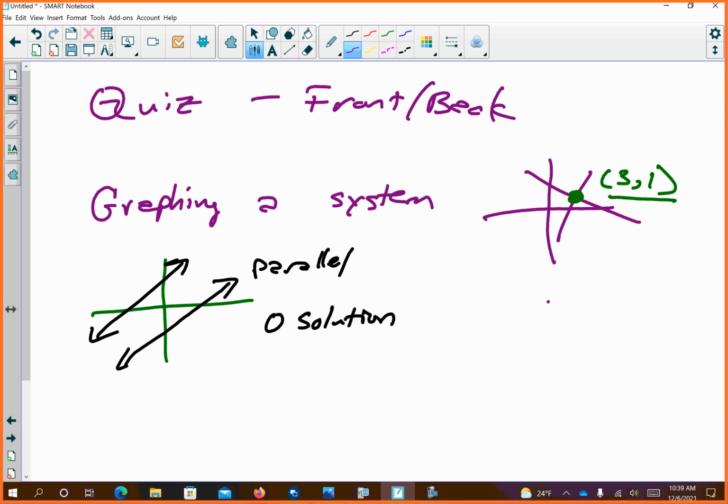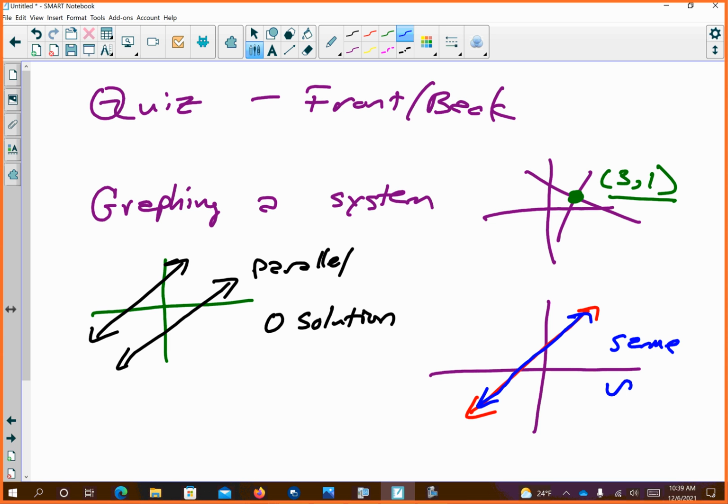If it was like that, though, this is the same line, so this is the infinite. I had you all keyed up for infinite solutions. Okay? Infinite solutions. So that's kind of the in and out.